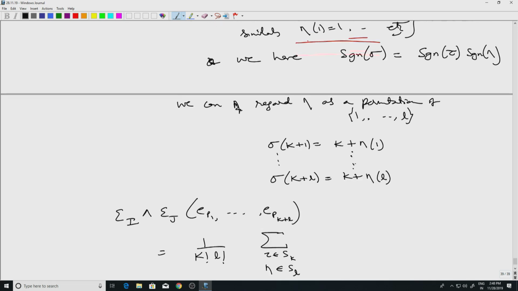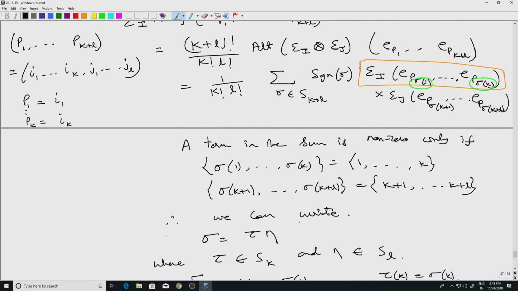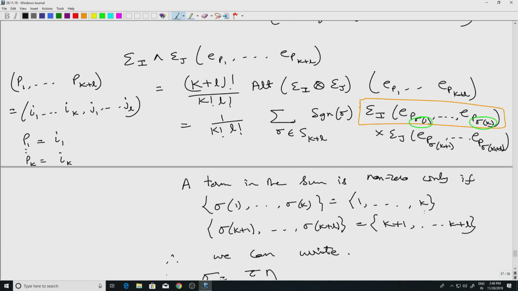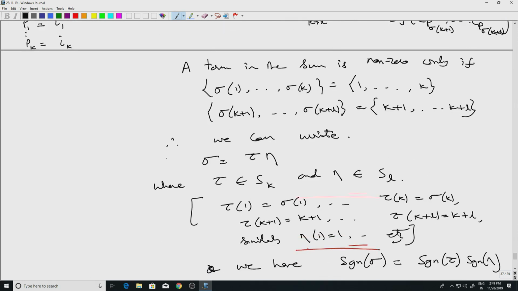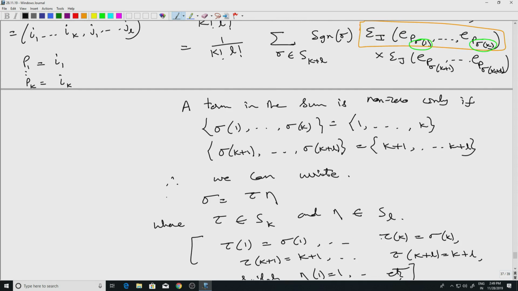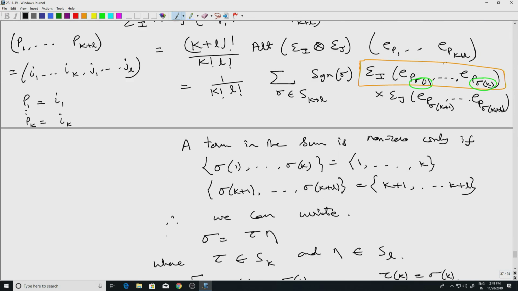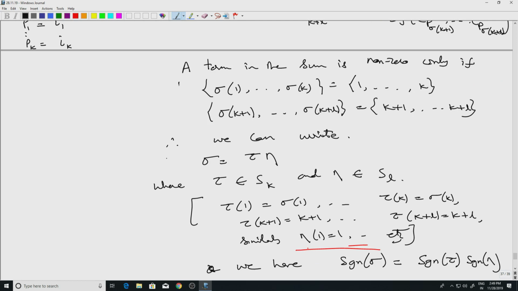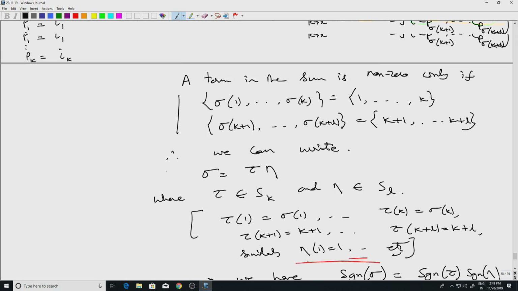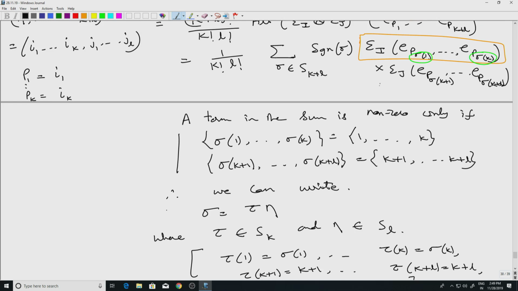The original sum was over S k plus L, but we saw that the original sum contains lots of zero elements. Any permutation which does not have this property will give rise to a zero term.